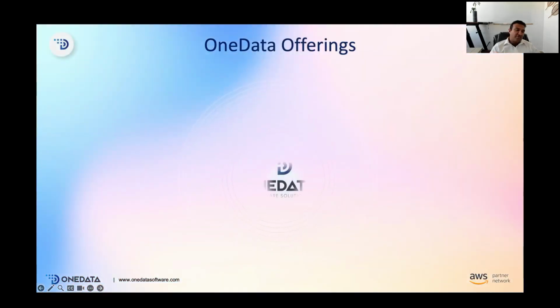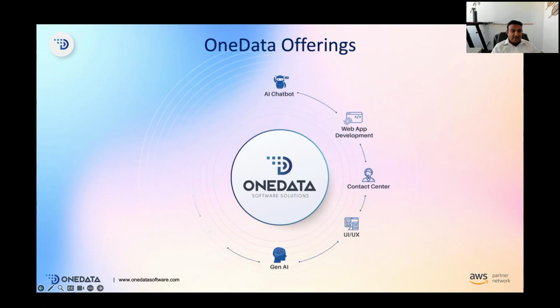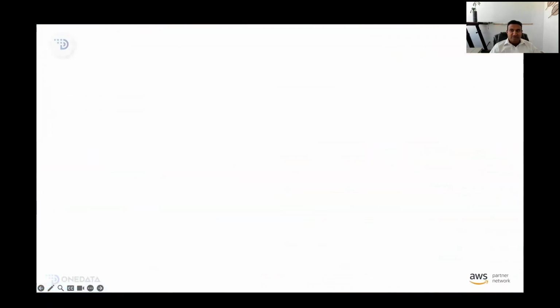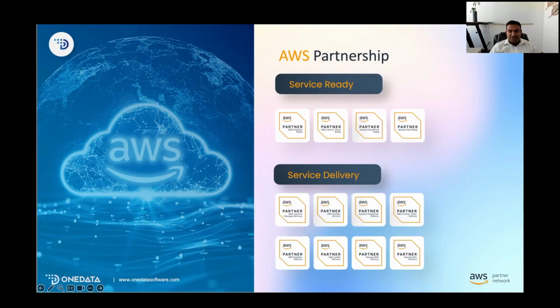And what we offer: we are a 150-plus team across the globe, and we help small businesses build everything from websites to marketing to chatbot agents, automation and migration into the cloud. Here are the partnership certifications from AWS.